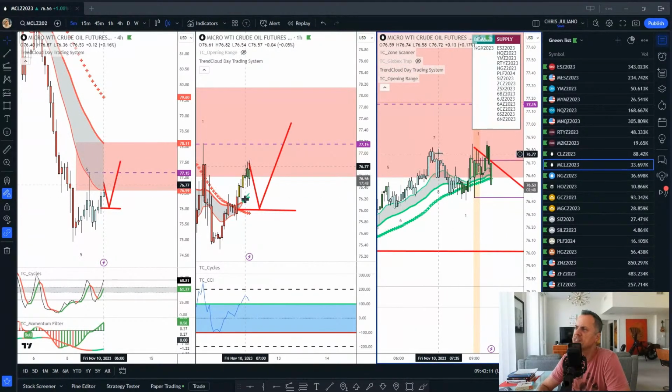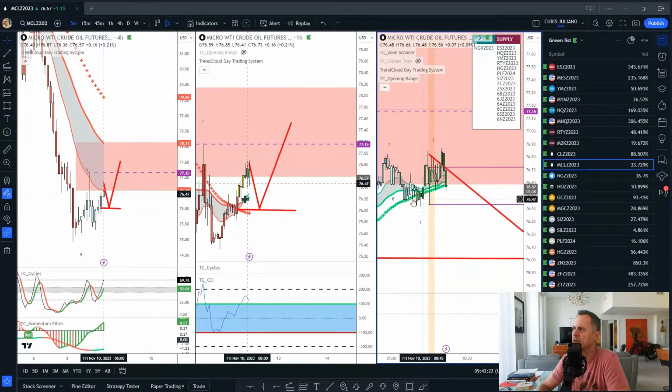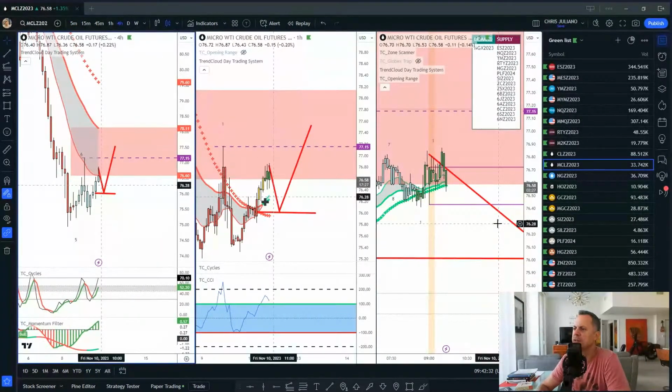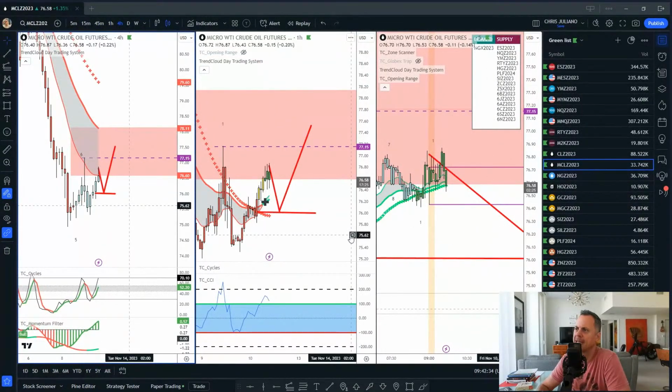See how we went up 7 waves on that 5-minute chart? Pulled back, recalculated, and now we broke some structure to the upside. We're at the recount. Here we go. 1, pull back 2. So it's gonna be bouncing back and forth a little bit here, so not really a clear shot at getting in.